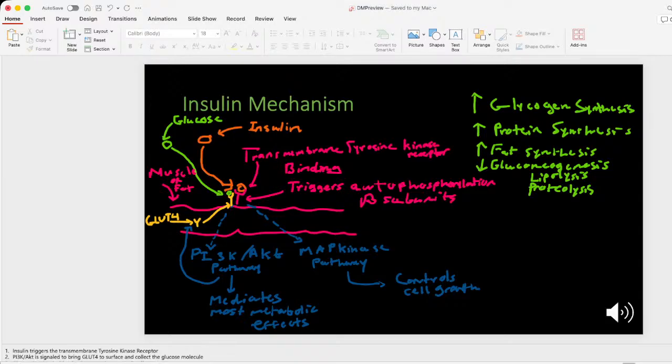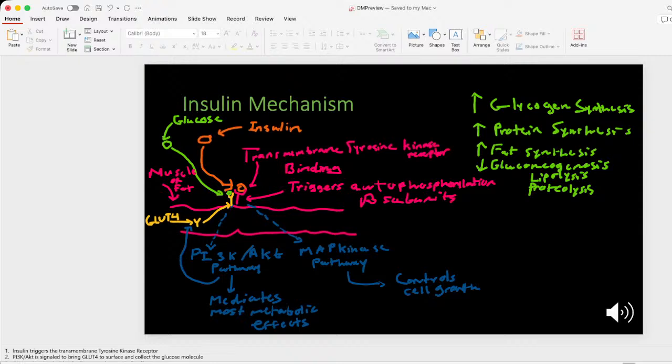So let's look at the insulin mechanism. Insulin typically will be released by the pancreas, but also when a medication is taken. When the insulin triggers the transmembrane tyrosine kinase receptor, the GLUT4 in the muscle or fat is going to rise up to the surface and take the glucose inside.